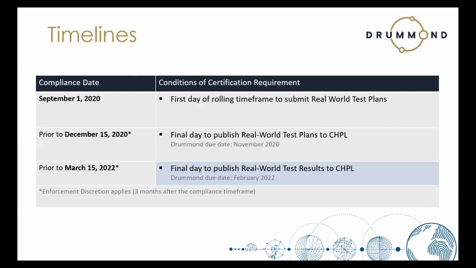So could I still be doing my test results and plans? I have a full year plus to do test results. That's correct. But there is the requirement, on an annual basis, for the submission of test plans and test results. Using that example, first test plan, December 2020; second test plan, December 2021.